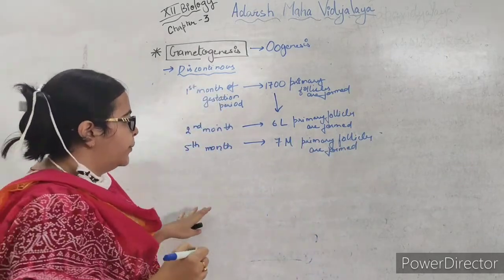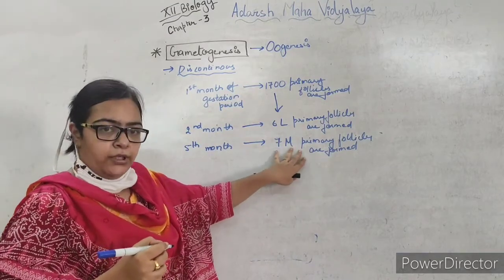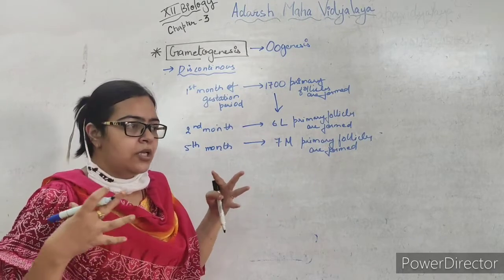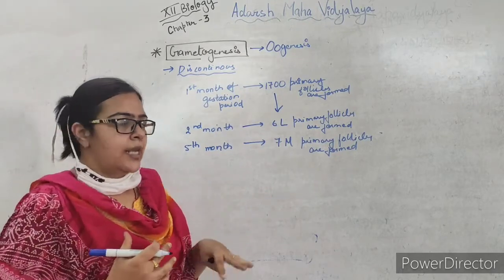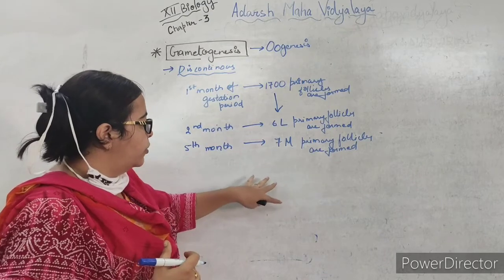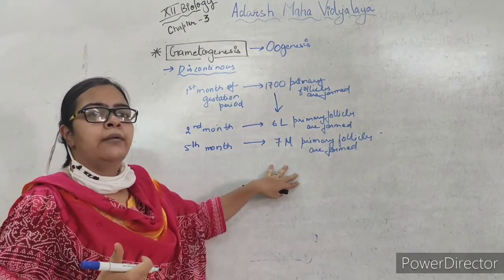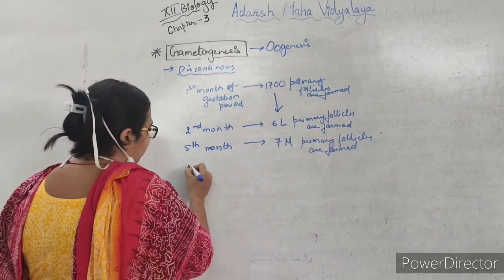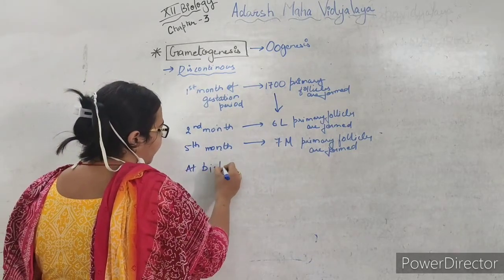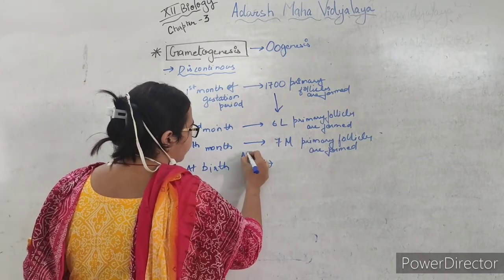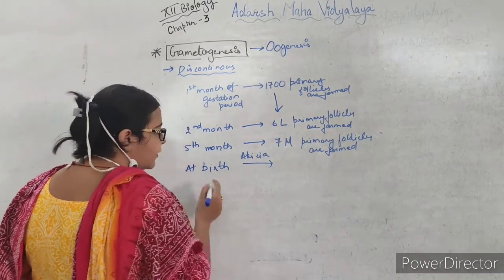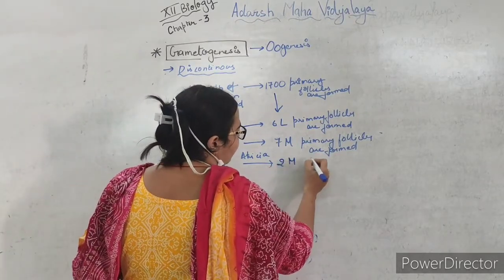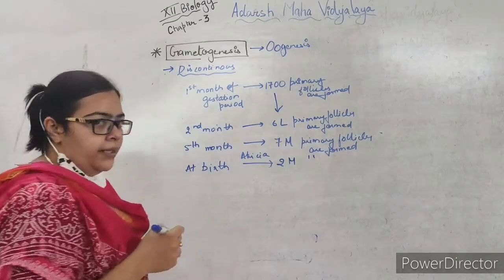After that, these primary follicles undergo a process called atresia, the shrinking of the primary follicles, and at birth only some 2 million primary follicles remain. Because of atresia, only 2 million follicles are remaining.